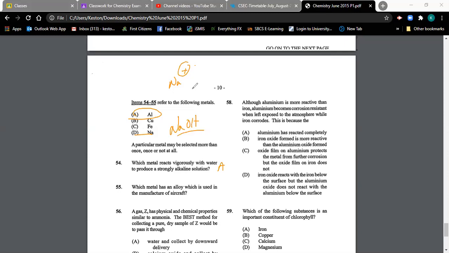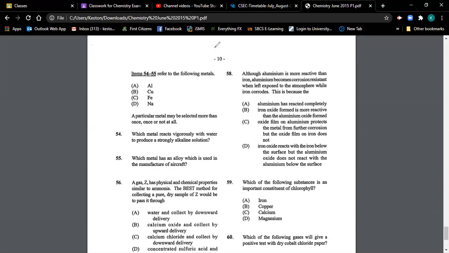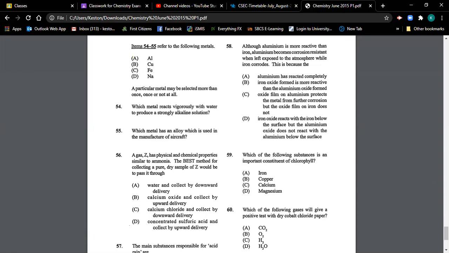56. A gas C has physical and chemical properties similar to ammonia. The best method for collecting a pure dry sample of C would be... scroll down a bit. A pure dry sample of C would be to pass it through what?